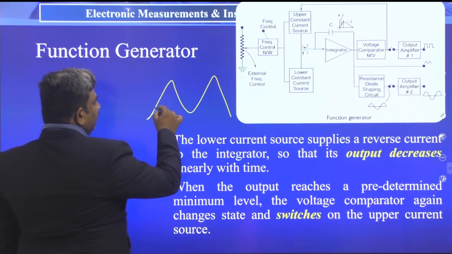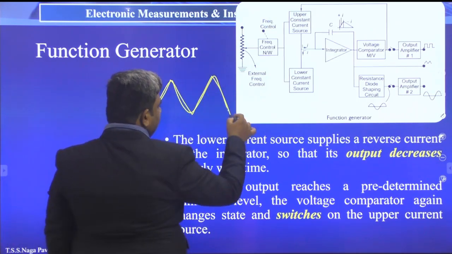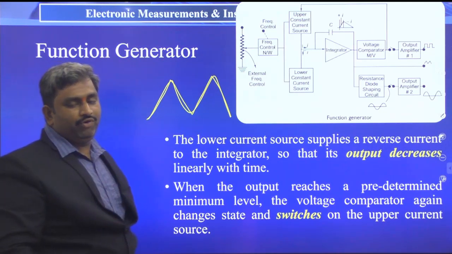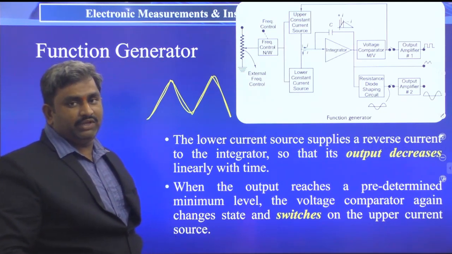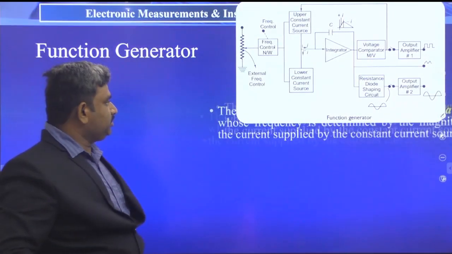So linearly increasing, linearly decreasing. This type of waveform we will get at the output of the integrator with the help of the upper constant current source and lower constant current source.